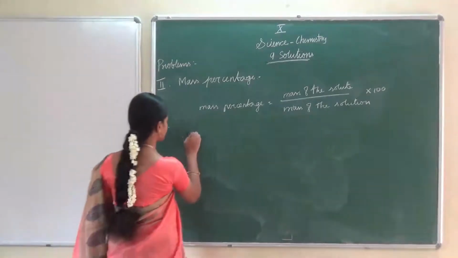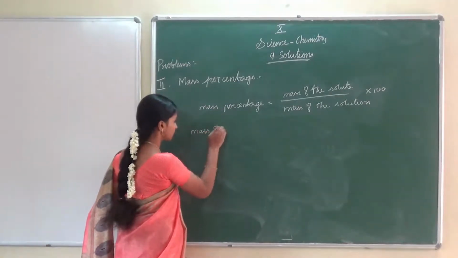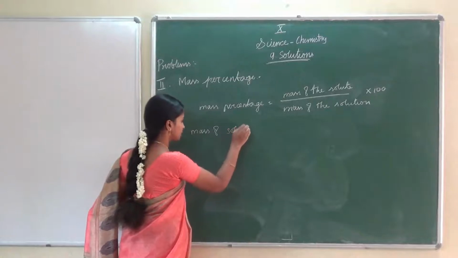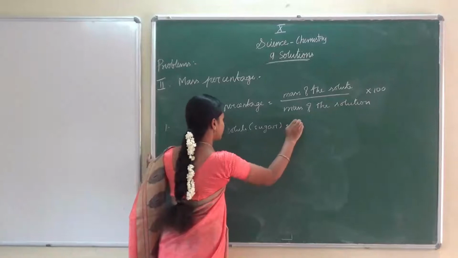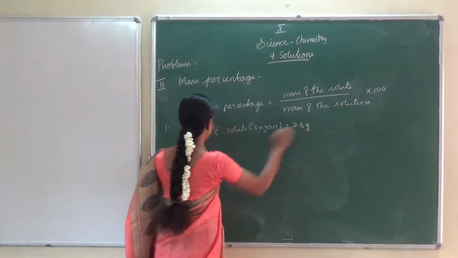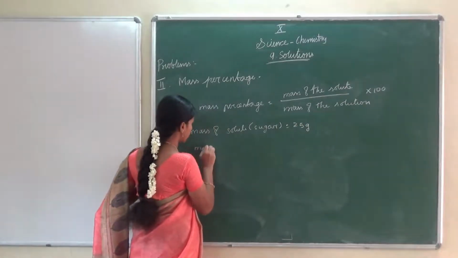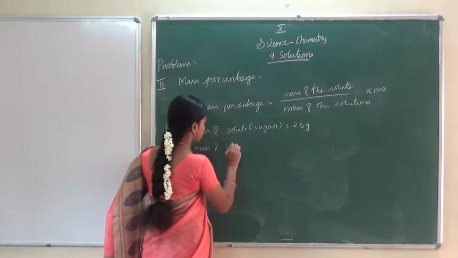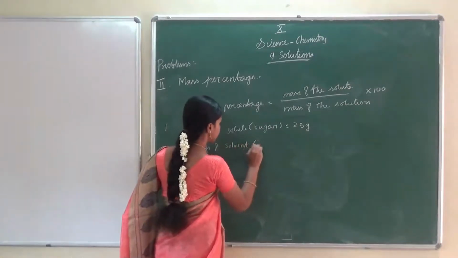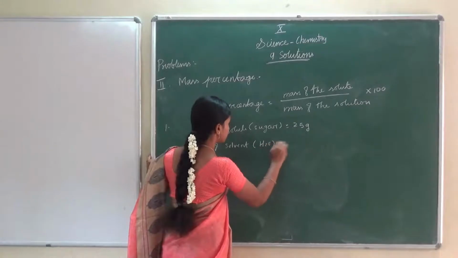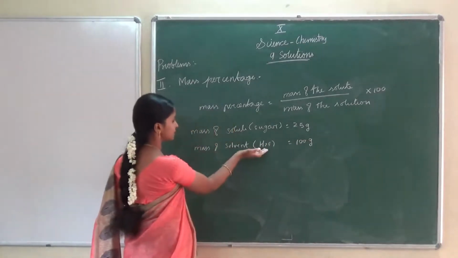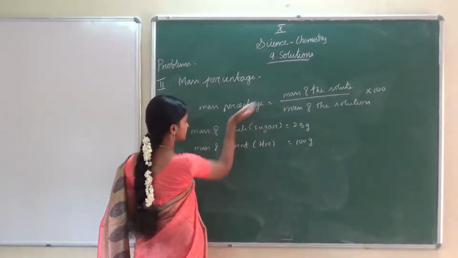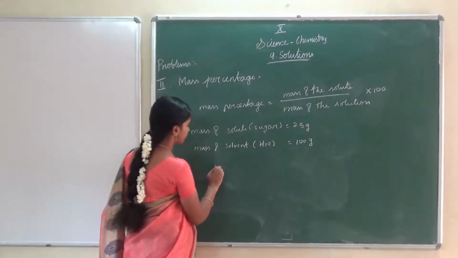Okay, so mass of solute, that is sugar, 25 gram, and mass of the solvent, that is water, 100 gram. Okay, now we have to substitute these values in this formula.